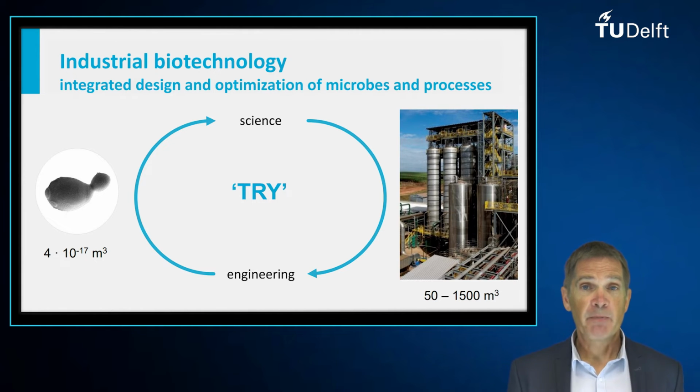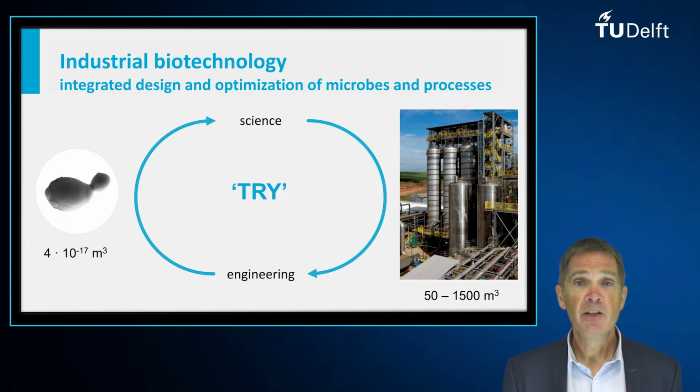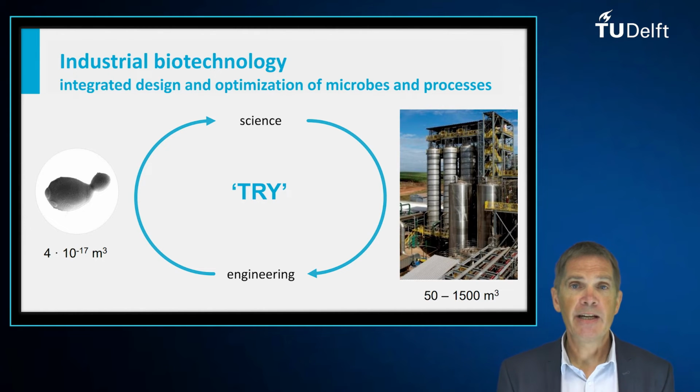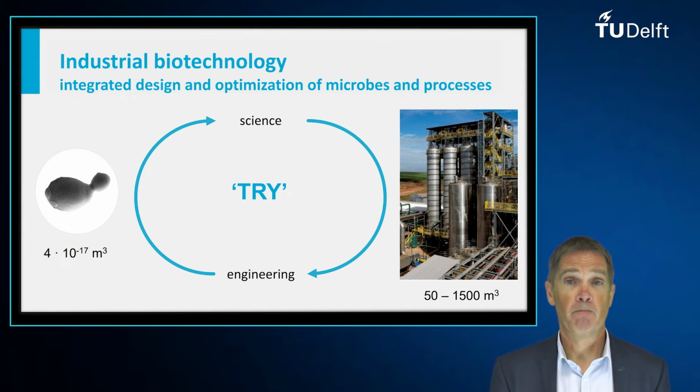In practice, optimization of microbial cell factories and the processes in which they operate should therefore be integrated. We need cell factories that perform well under conditions that are compatible and feasible in industrial processes. In both cases, science and engineering go hand in hand.